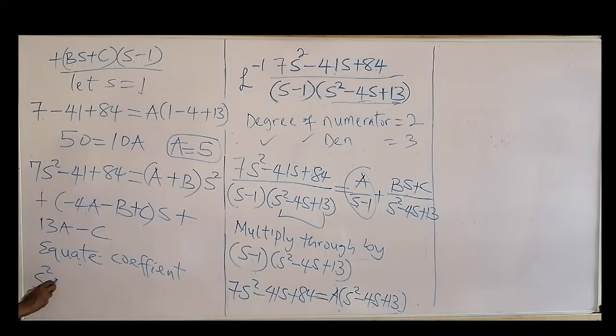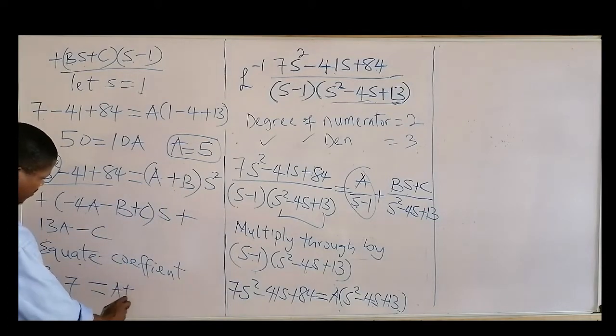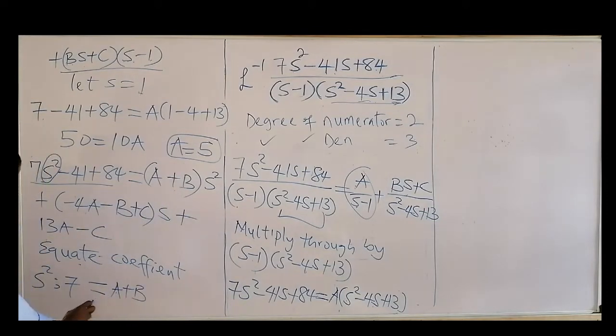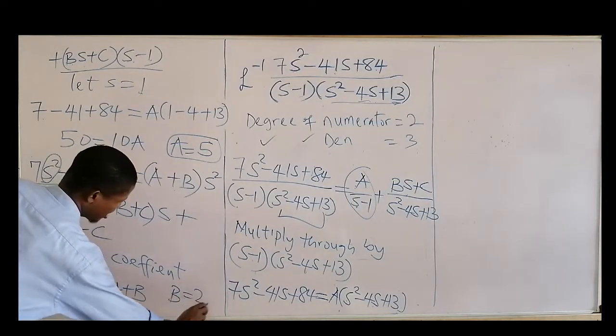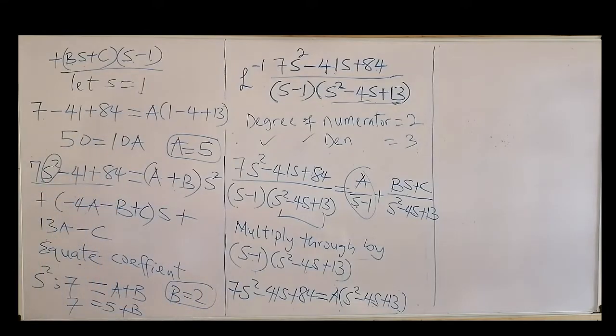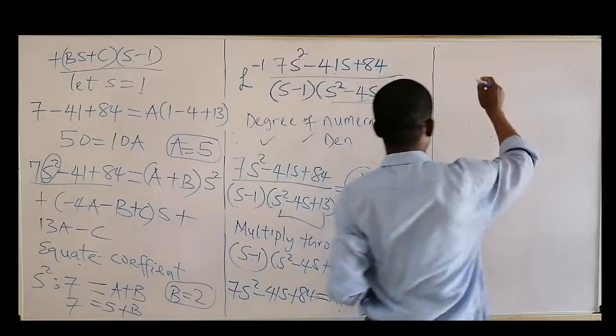For the x squared, the coefficient on the left hand side is 7, equal to, on the right hand side, a plus b. And our a is 5. Then b is 2.